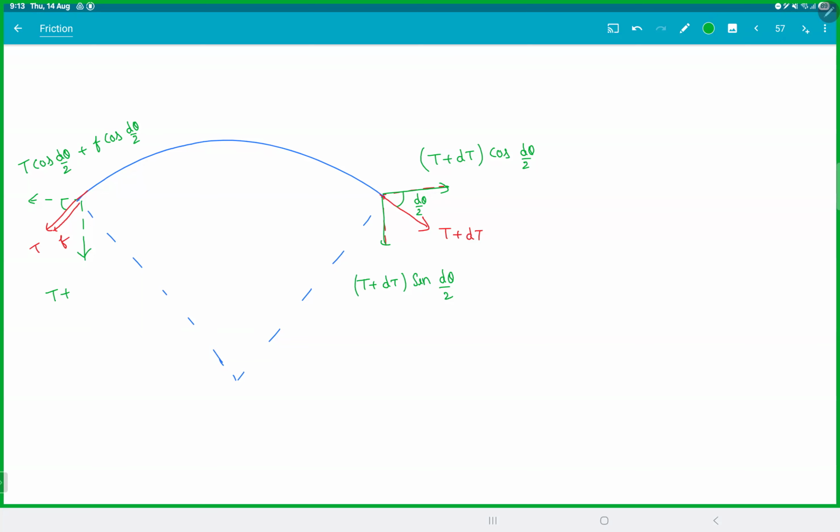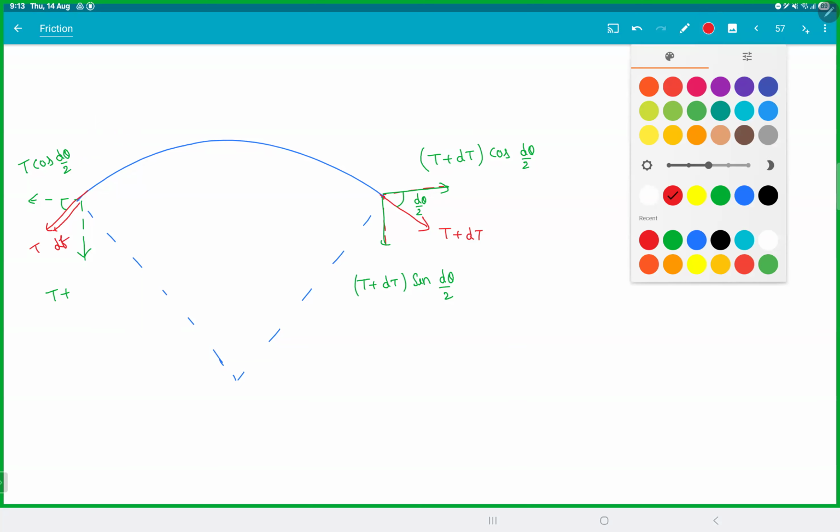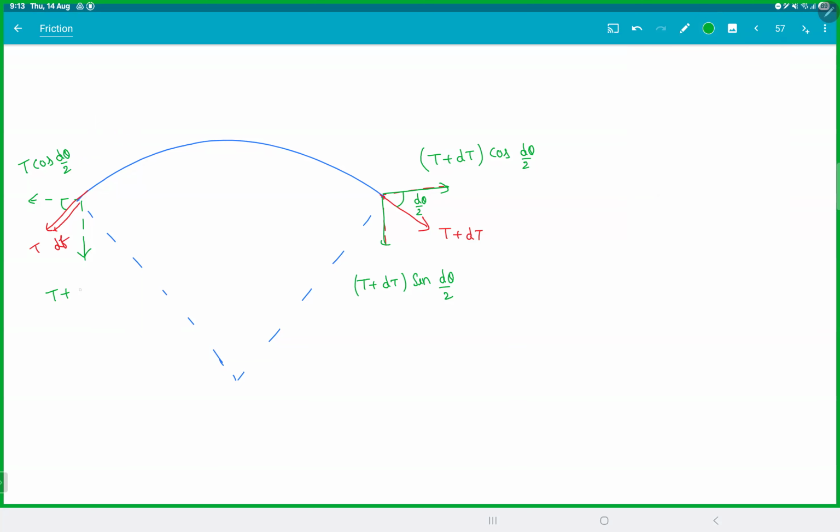Actually, this will be very small friction. Let's not write it as an F also. Let's just take it as dF. That will be T sin(d theta by 2). We are not writing dF here because dF is very small compared to these tensions, dF is negligible. It will become like dF into d theta. When you multiply two very small quantities, you get approximately 0. We are ignoring that.